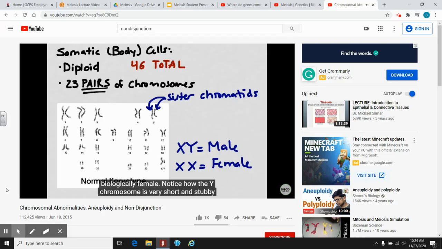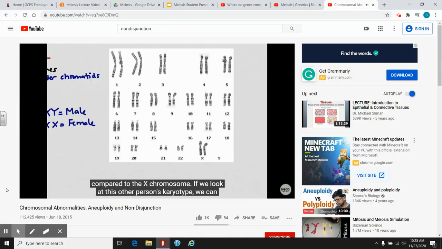Notice how the Y chromosome is very short and stubby compared to the X chromosome. If we look at this other person's karyotype, we can see that their X and Y chromosomes look a little bit different. Here we can see that they have 2 X chromosomes and no Y chromosomes. And so this tells us this person is female.